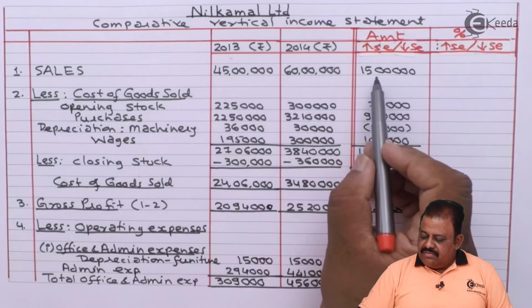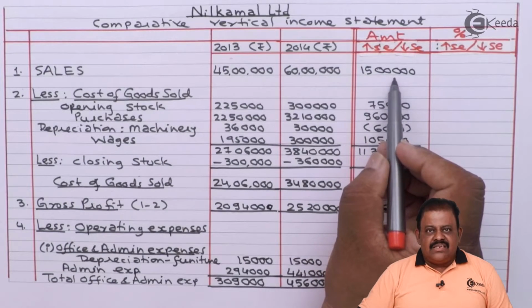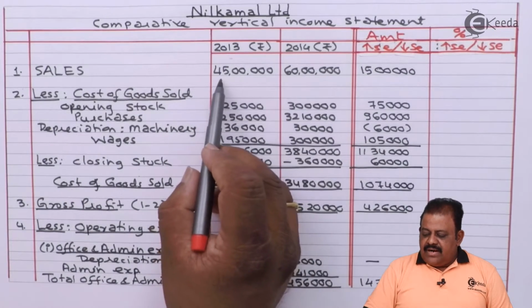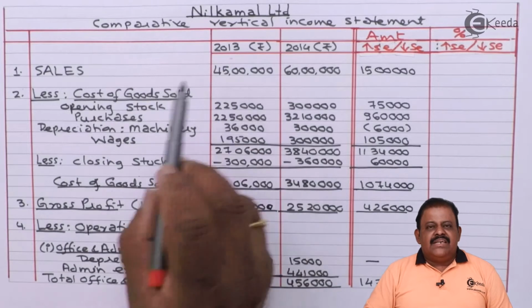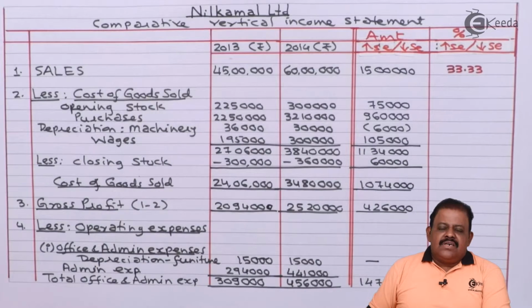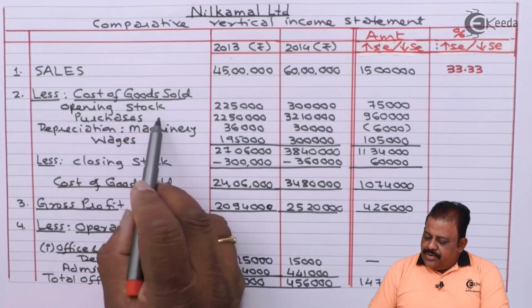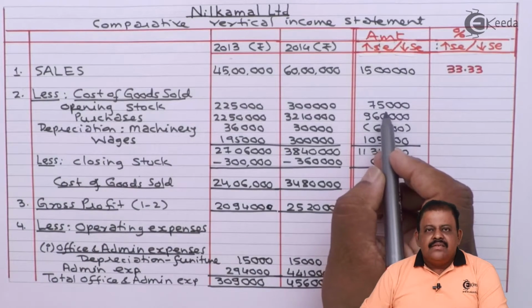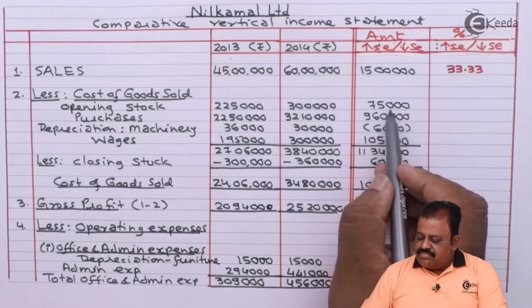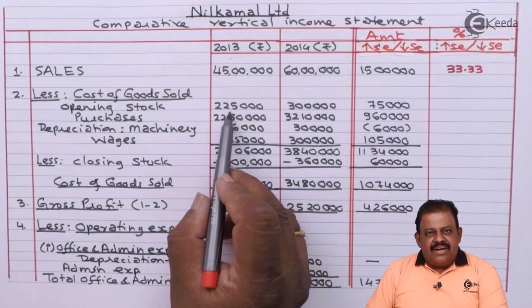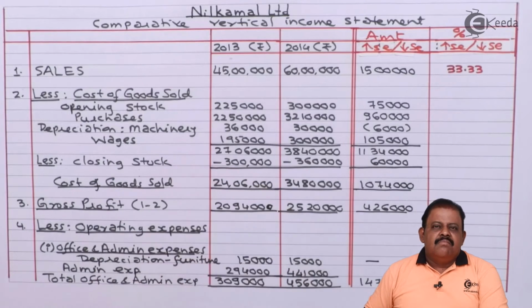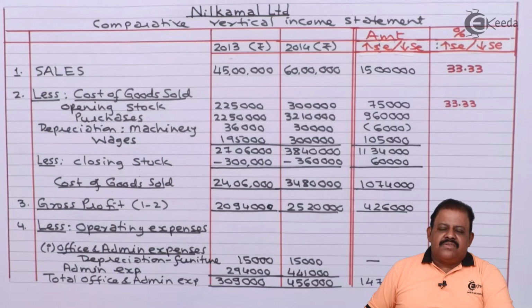Here sales 15 lakhs, increase is there, divided by 45 lakhs multiplied by 100, 33.33%. Opening stock increase 75,000 divided by 2,25,000 multiplied by 100. It is 33.33%.